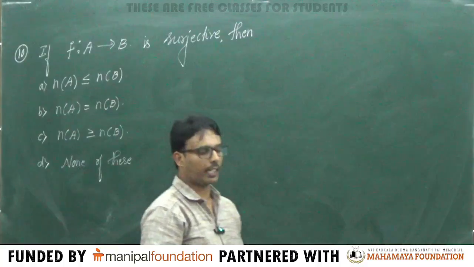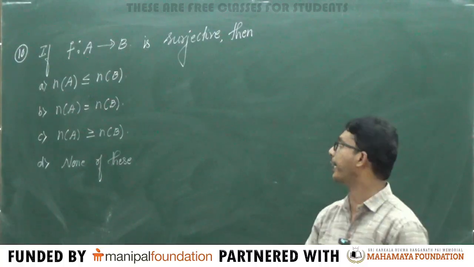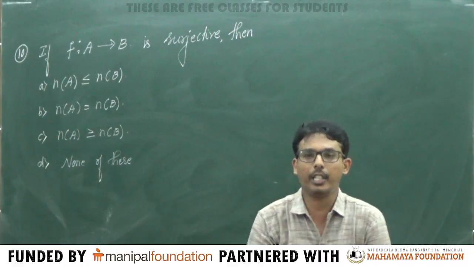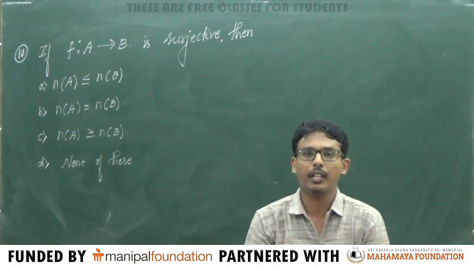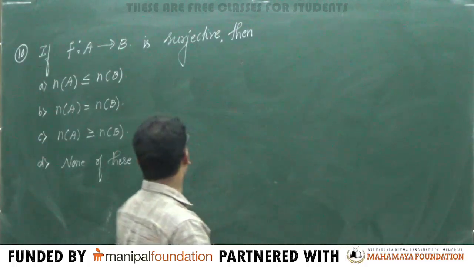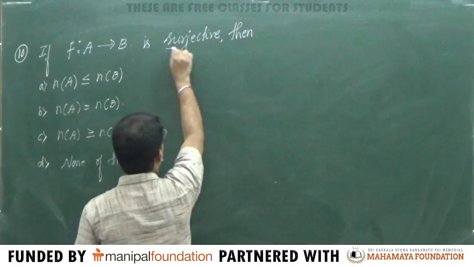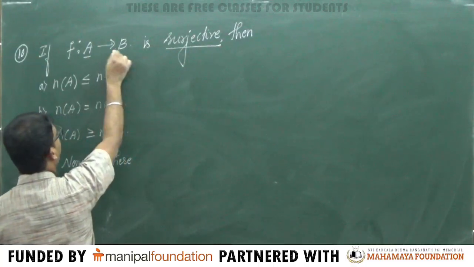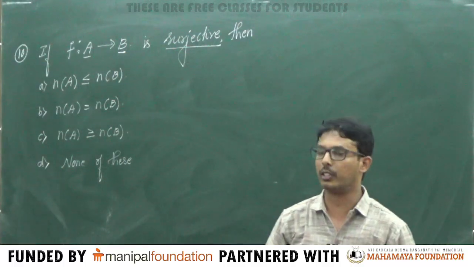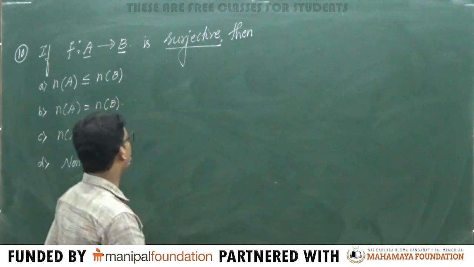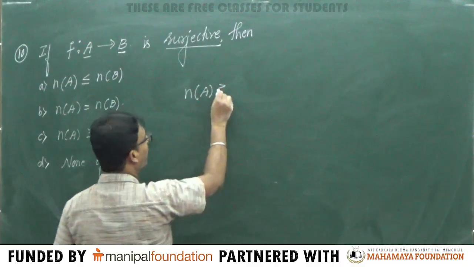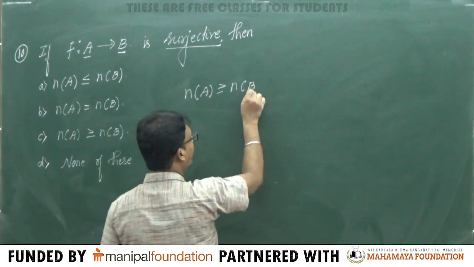So here they were asking the condition for surjective. Surjective means onto function. Please remember, one-one function is also called injective and onto function is also called surjective. If the function from A to B is surjective, then what is the condition between the number of elements present in the set A and the set B? The condition is that the number of elements present in the domain is greater than or equal to the number of elements present in the codomain.